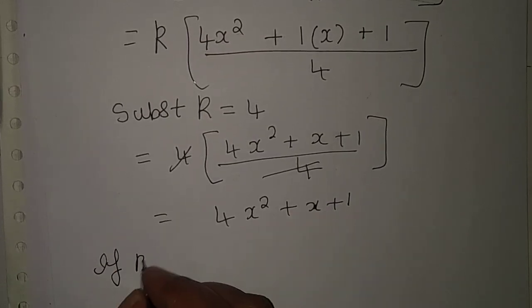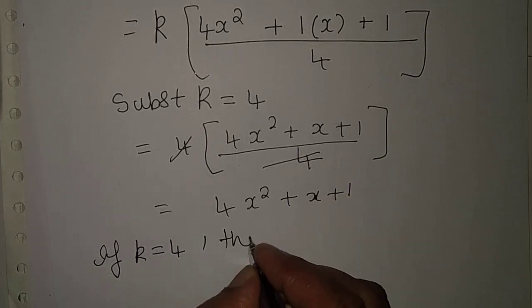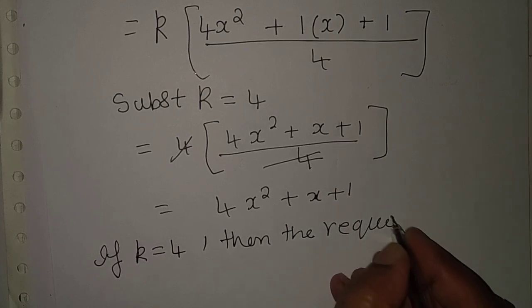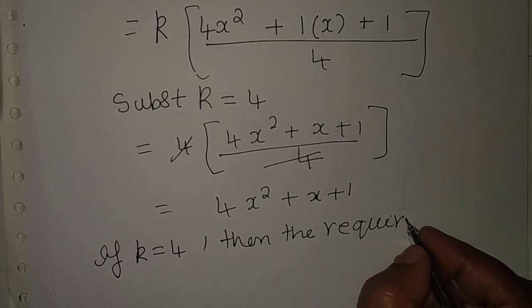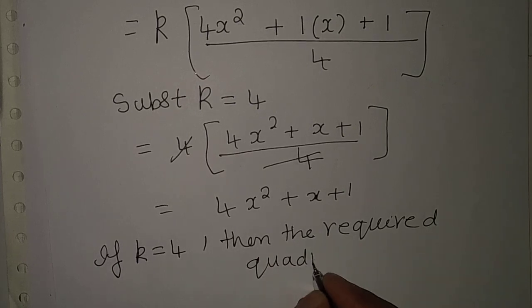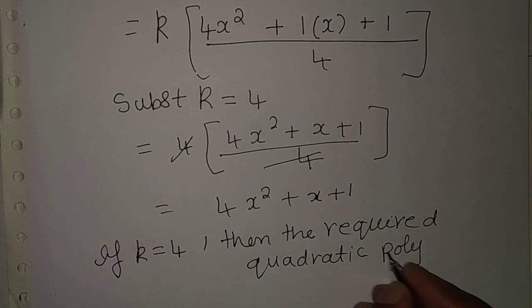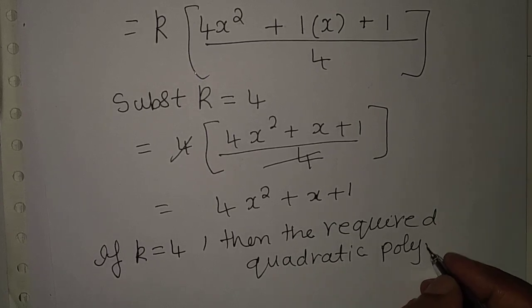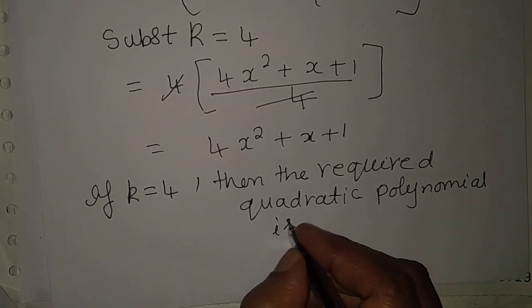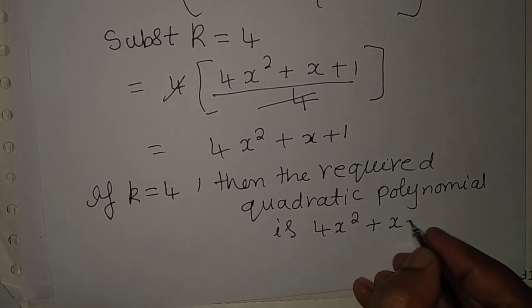If k is 4, then the required quadratic polynomial is 4x square plus x plus 1.